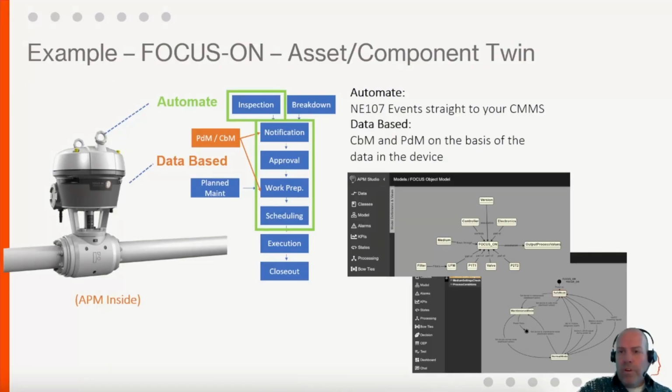The Focus One device uses soft sensor technology and some other capabilities as well inside APM Studio to provide backup calculations, redundant sensors, but soft sensors, for specific critical parameters, critical sensors in the device that, when they fail, the operation of the device needs to continue within certain bandwidths.